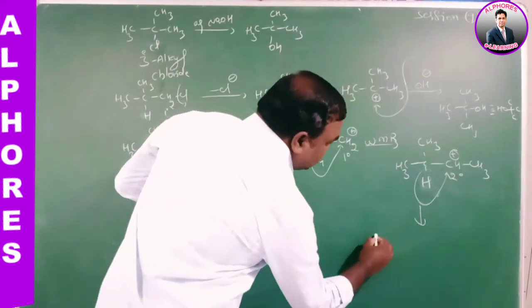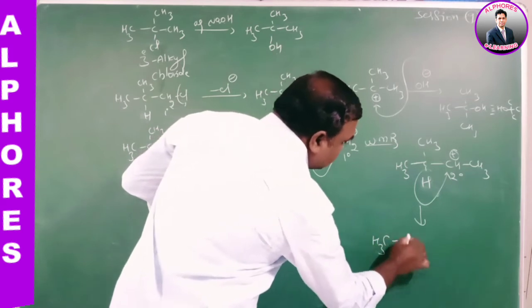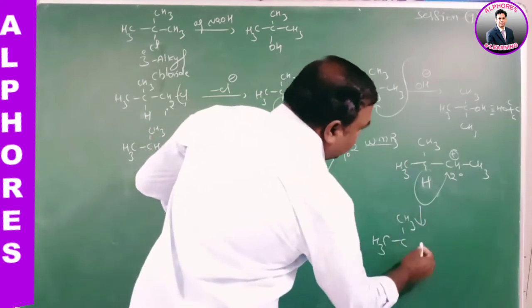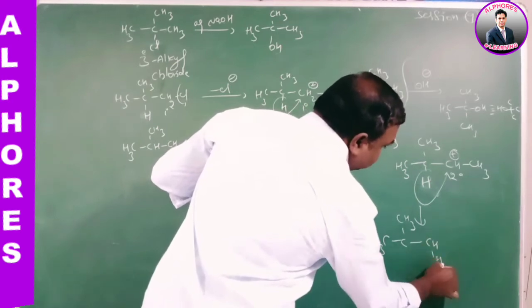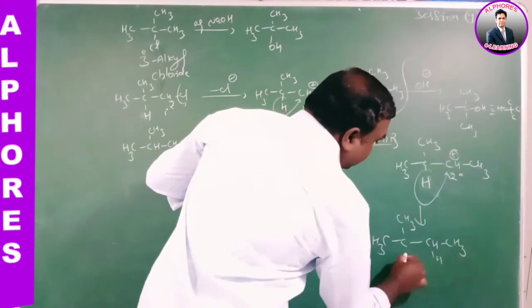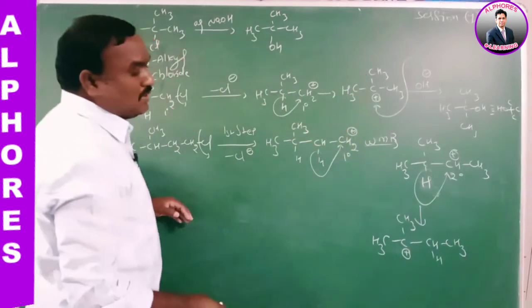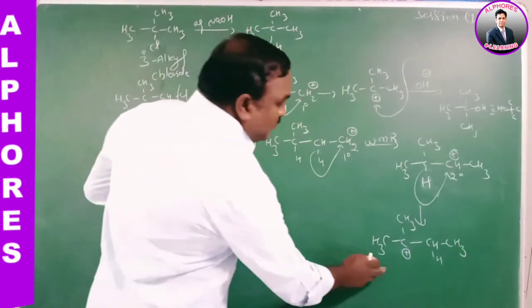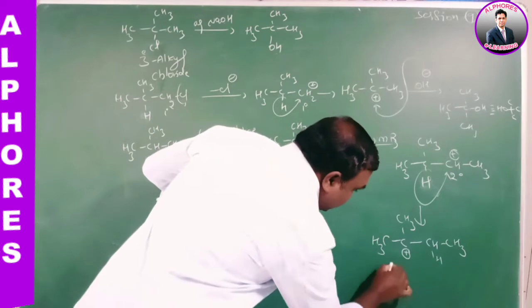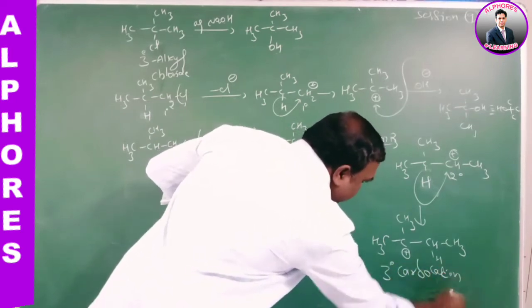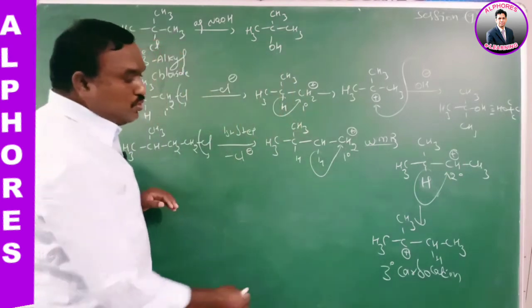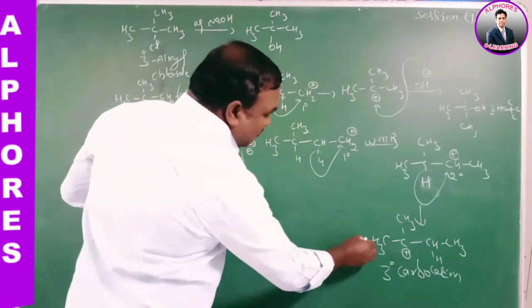So the formed carbocation is a tertiary carbocation, a more stable carbocation.